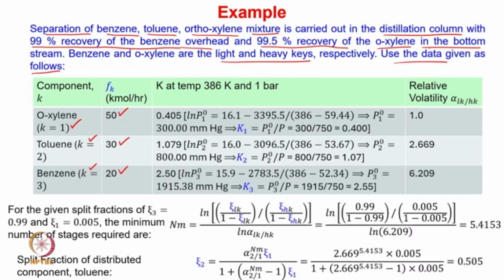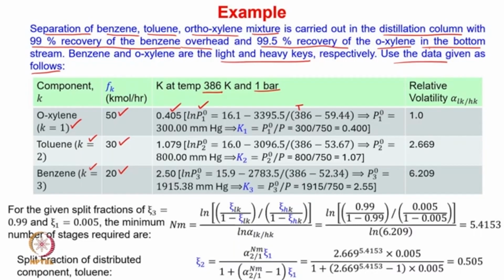Again, the equilibrium constants are given here. The equilibrium constant for orthoxylene at 386 Kelvin and 1 bar is given as 0.405. We can calculate this equilibrium constant using the Antoine equation. By using the Antoine equation we can obtain the vapor pressure, by replacing T by 386, to get P1 naught, which is nothing but the vapor pressure of orthoxylene at the given temperature.